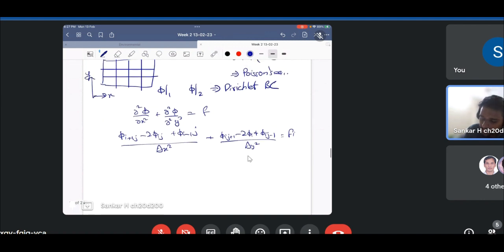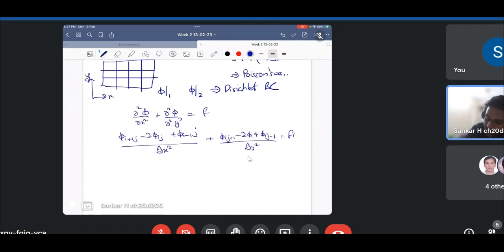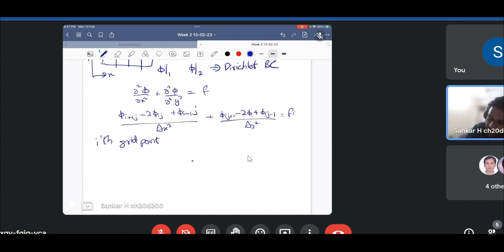So when we put all the equations, whenever we solve at any ith grid point, suppose let us consider this to be the ith grid point, this as the i plus 1th grid point, this as the i minus 1th grid point, this as the j minus 1 grid point, and this as the j plus 1 grid point.